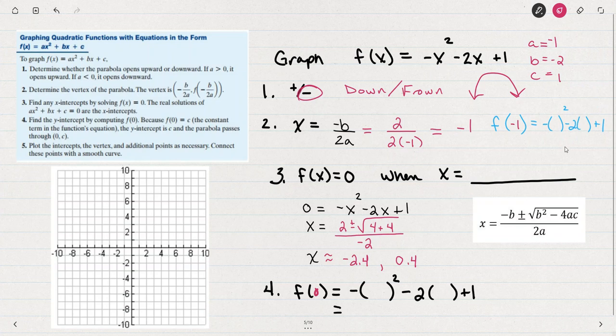Be careful here. Do you see how I've modeled this? I just did the opposite of parentheses squared minus 2 parentheses plus 1. Simple step. I just replaced each x with empty parentheses, and then with a different color, I'm going to go in and fill in the -1. -1 squared, -1 times -1 is +1.